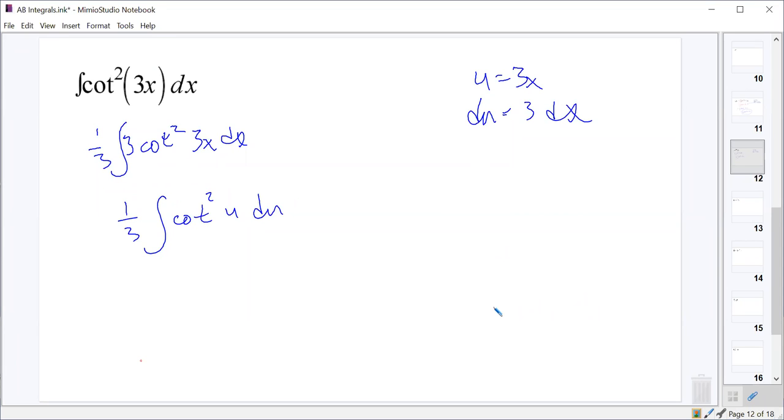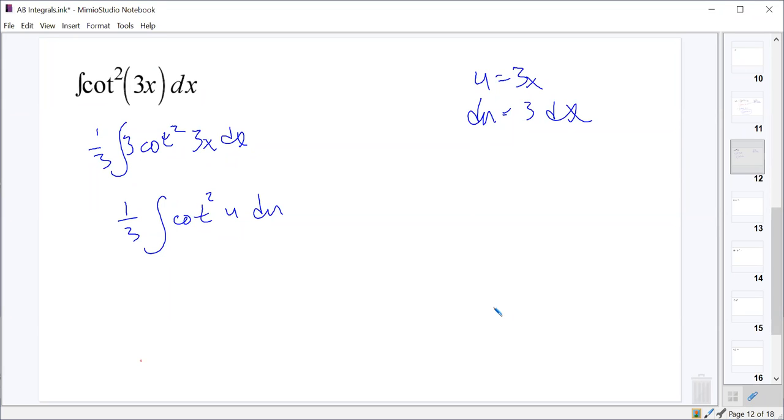And who will tell us how to rewrite this? Who's your favorite ancient Greek mathematician? Pythagoras. That's right, he is. Yes, Pythagoras is your favorite ancient Greek mathematician.